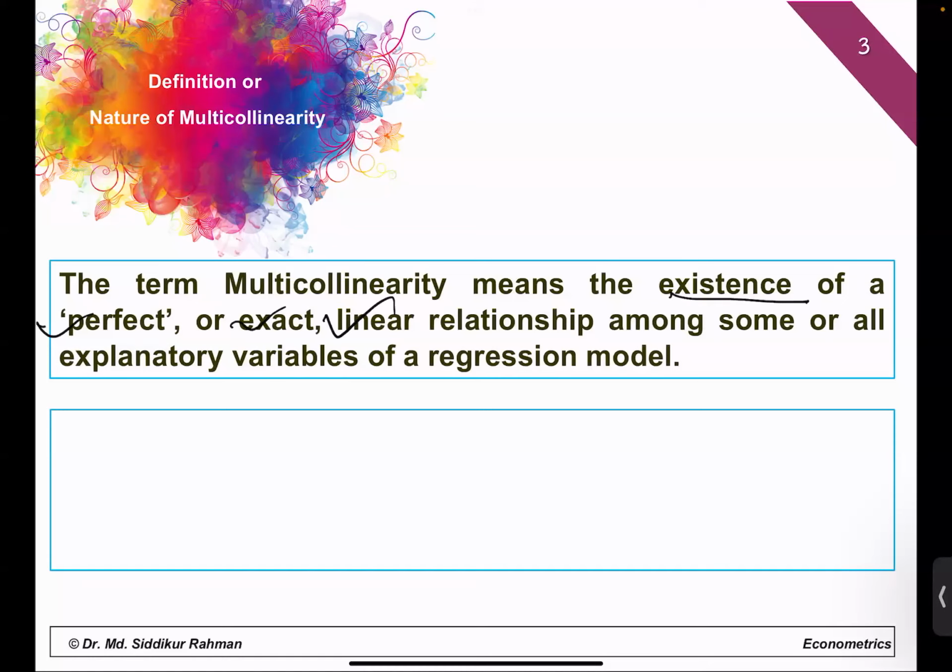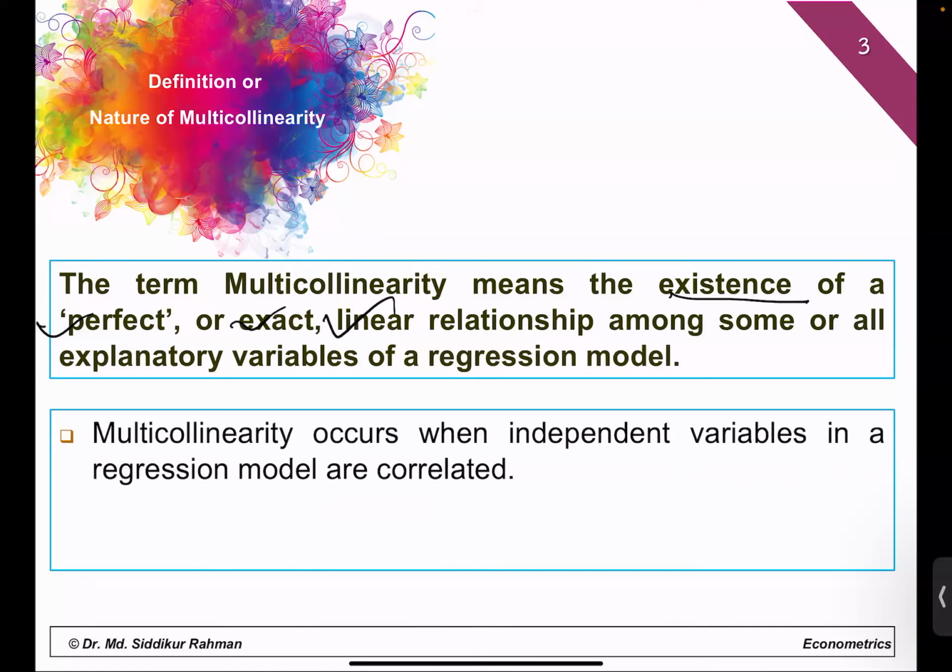This is my message on what multicollinearity is. You might suspect multicollinearity if you find such a relationship among the explanatory variables.